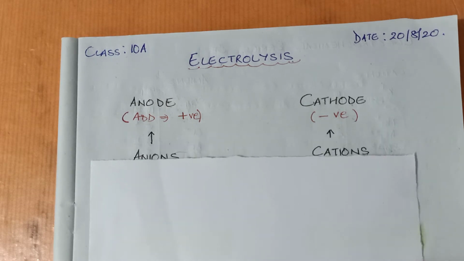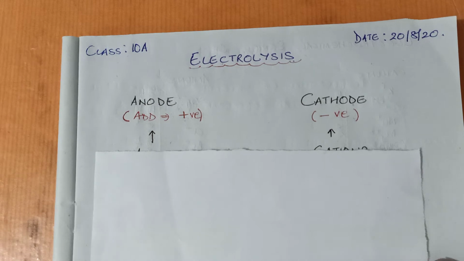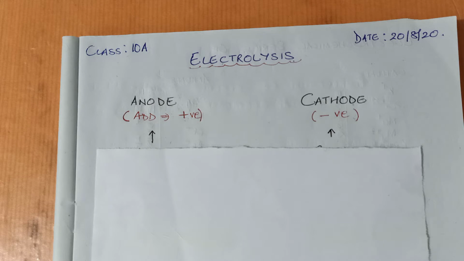Now we know that electrolysis is a process involving ions. Without ions, electrolysis cannot take place because ions are the carriers of electric current in the solution. Therefore, whenever we talk about electrolysis, we also have to discuss ions.